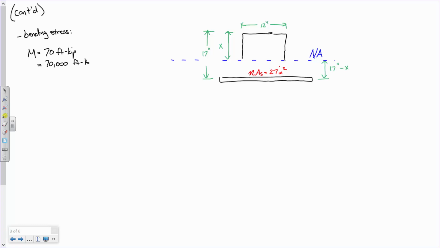Would you agree with this? Just take the kips multiplied by 1,000 to get pounds, and take the foot multiplied by 12 to get inches. So foot kips to inch pounds. Everybody okay with that?